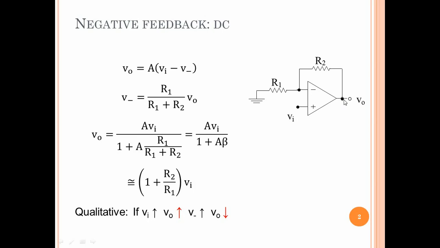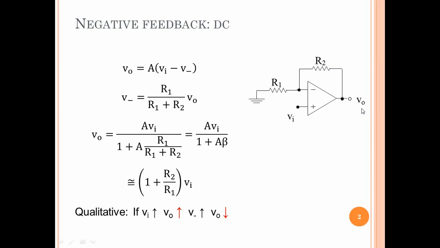As VO increases, because of this feedback path, V minus increases. But as V minus increases, because there is a negative sign here, VO decreases.